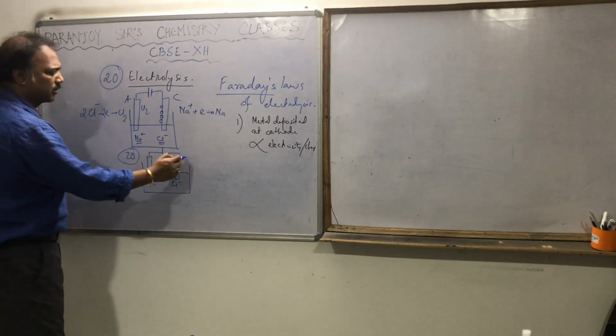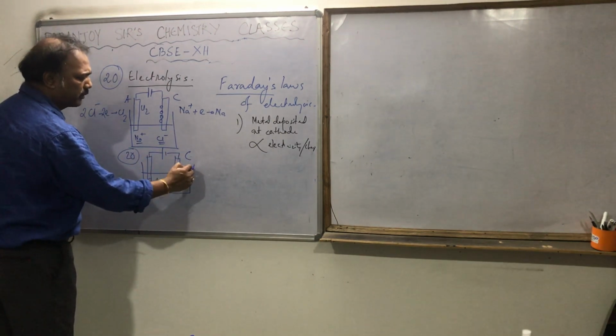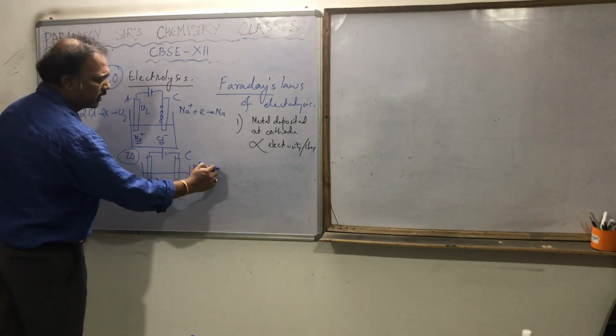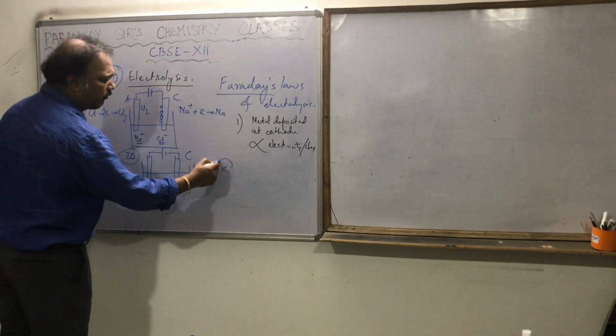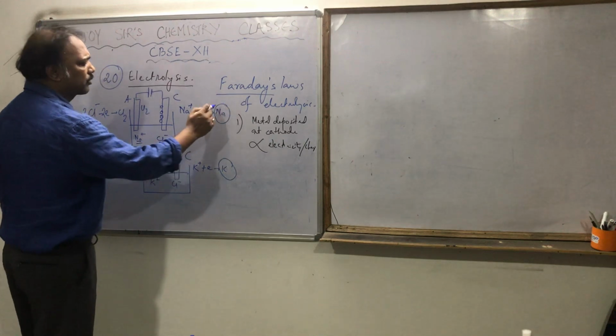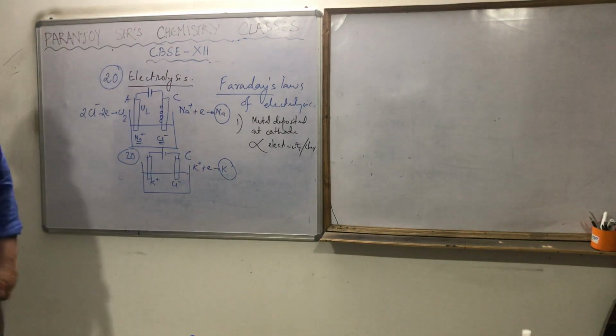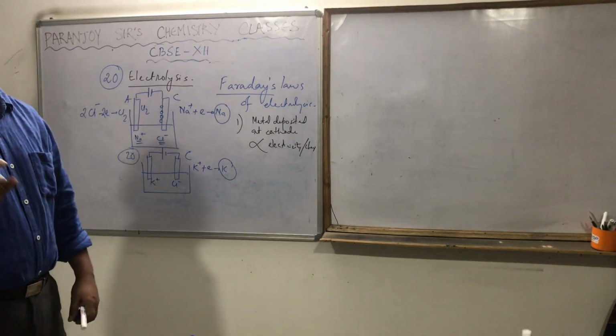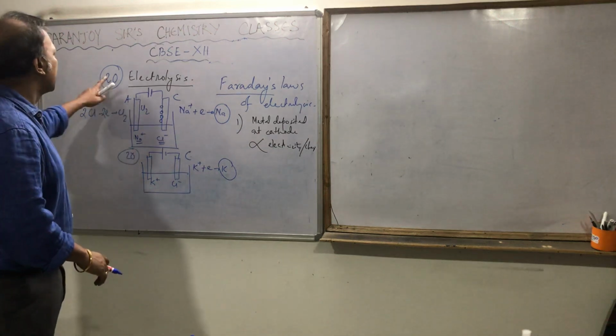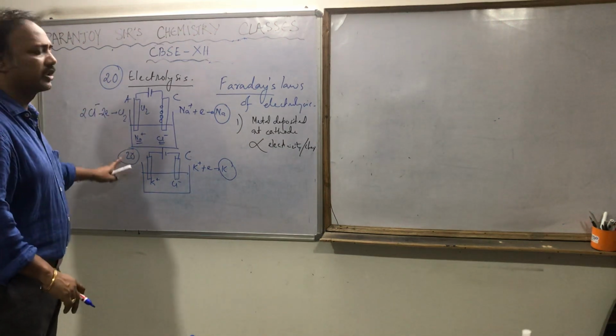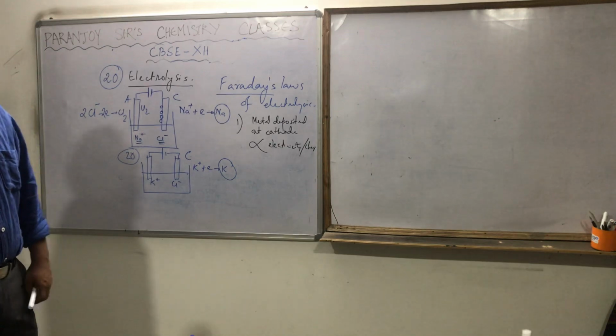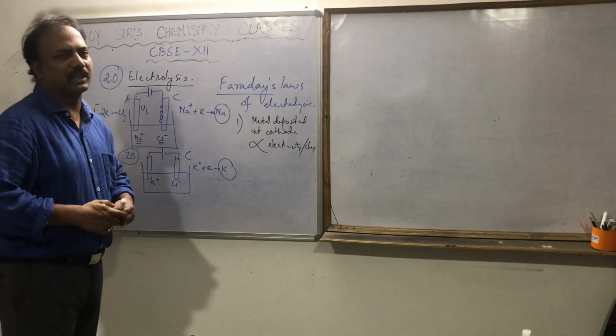So obviously at the cathode, potassium will be deposited. Now, what about the amount of sodium deposited and the amount of potassium, or any other metal from any other electrolyte deposited, if the same amount of charge is passed? Hence comes the second law.